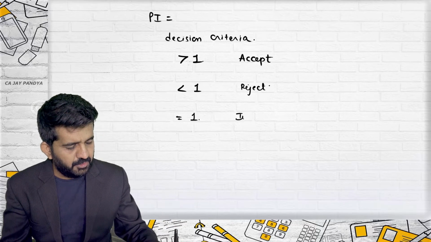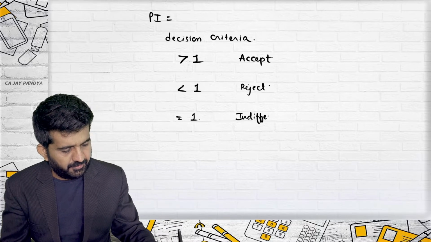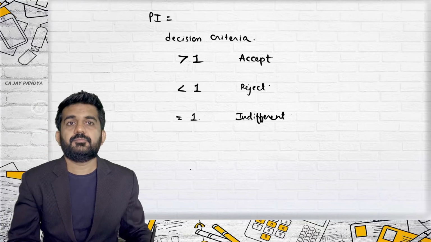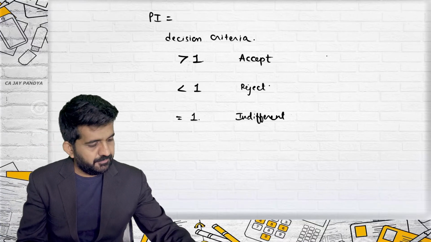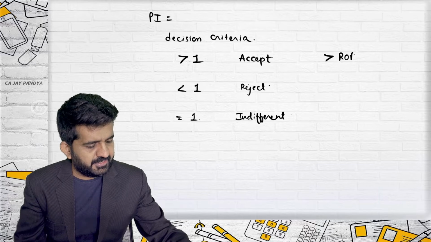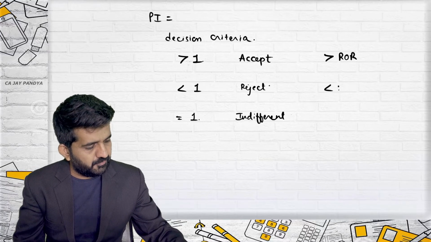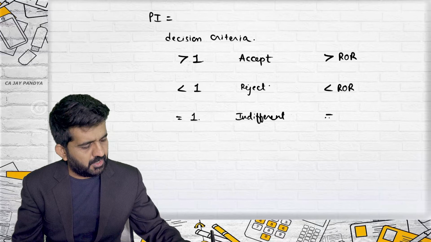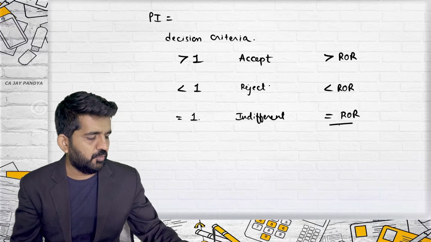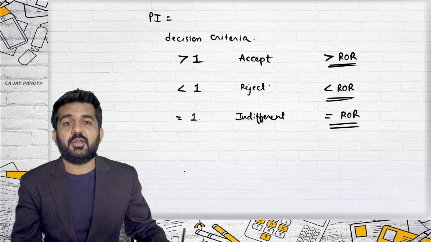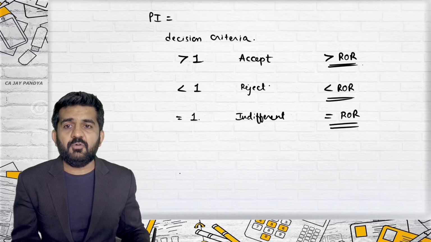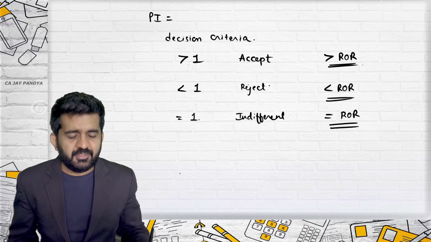Equal to 1, you are indifferent. Accept when you are earning greater than your ROR. Reject when you are earning less than your ROR. Indifferent when you are equal to your ROR. These are the decision making criteria of PI. Is it absolutely clear?